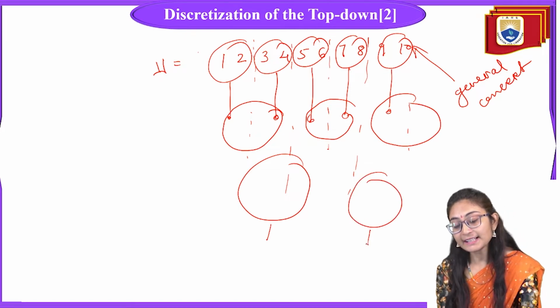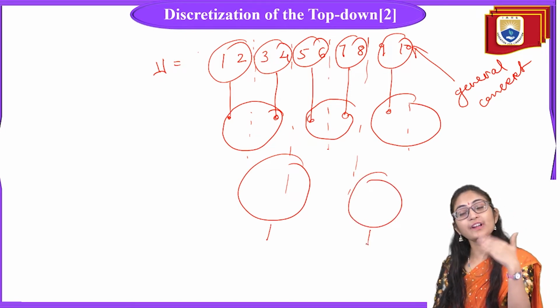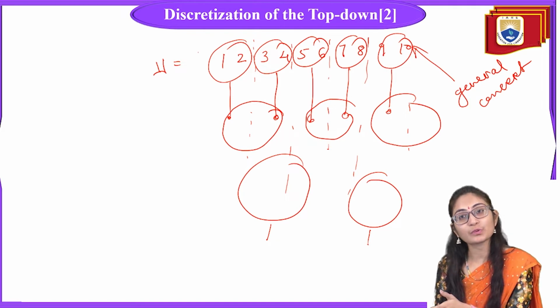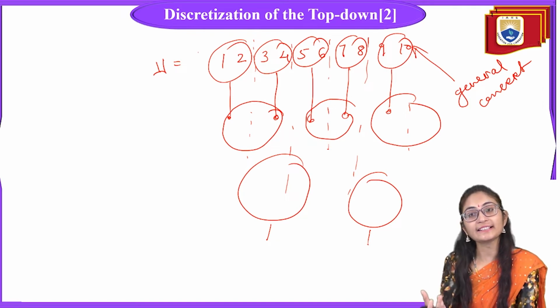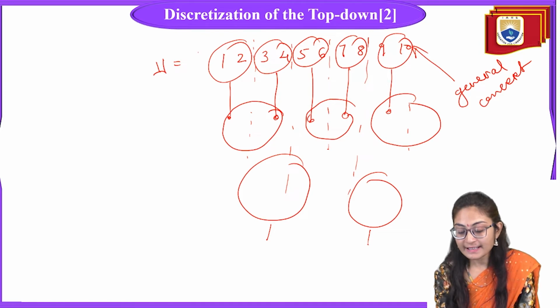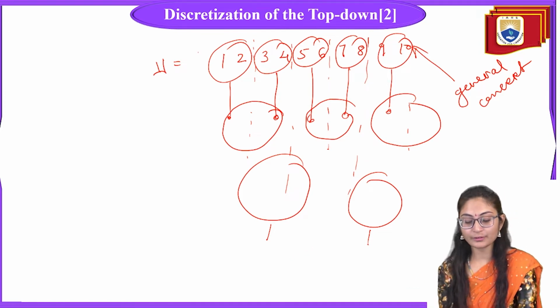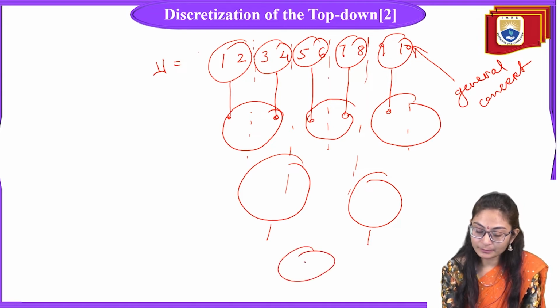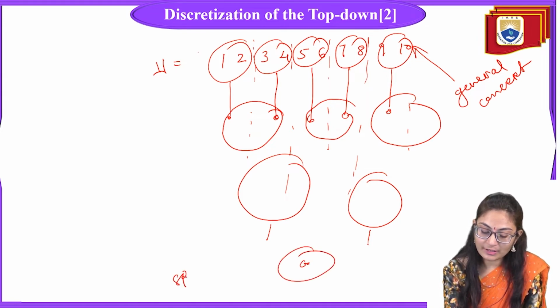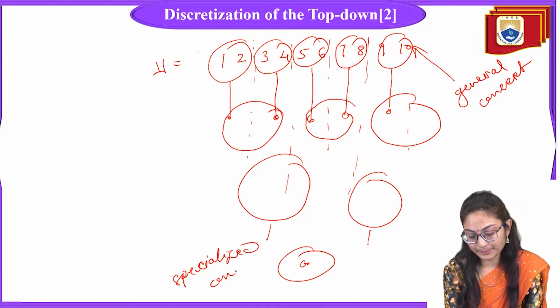That means till the end we have to repeat this process till we get the specialized results. That means at the bottom of the data set we will get some specialized concept.